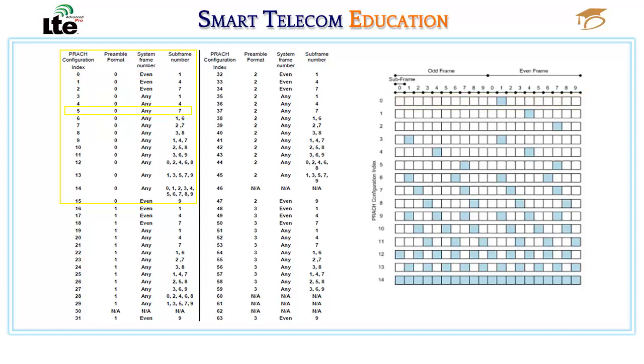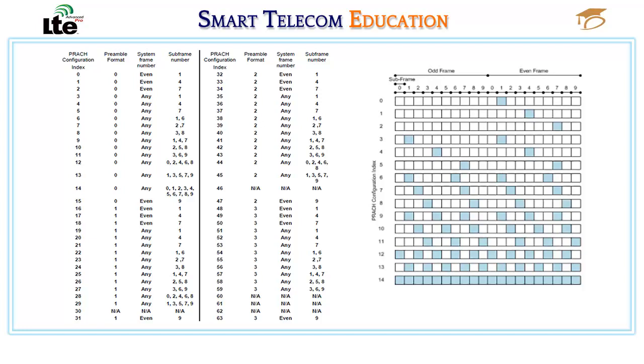If the PRACH config index is set to 5, then the preamble can be sent in odd and even frames in subframe number 7. If the PRACH config index is set to 13, then the preamble can be sent in odd and even frames in subframe numbers 1, 3, 5, 7, and 9.